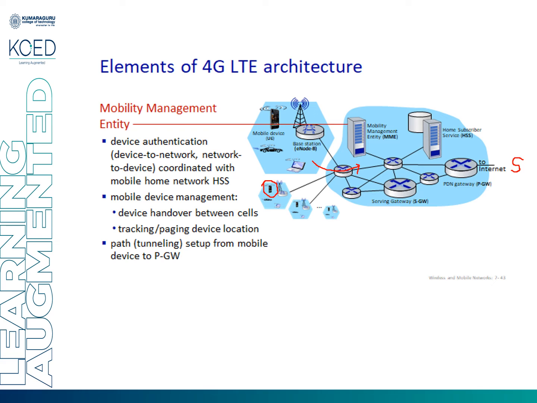It is the responsibility of this mobility management entity to decide which is the SGW. Say it can choose this particular SGW, and it can go along this route to this SGW and then this PGW and then to the server. So it is up to this mobility management entity to choose the SGW and PGW.